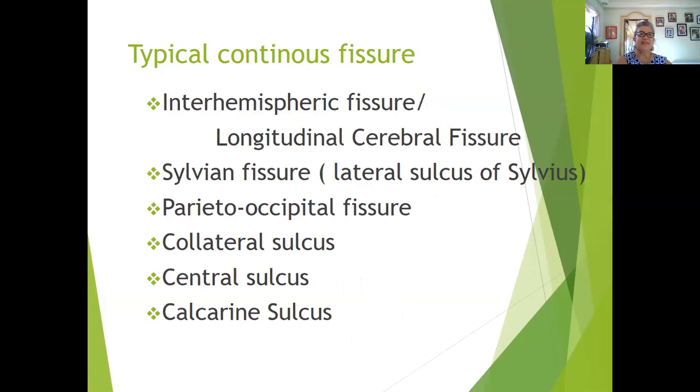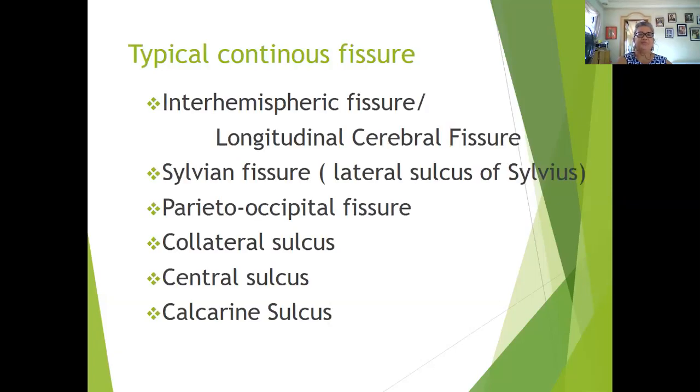Sometimes it can be likened to a fingerprint, because for each individual there is a typical arrangement of fissures, but there will be 6 typical continuous fissures in which each one of us will have the same shape.